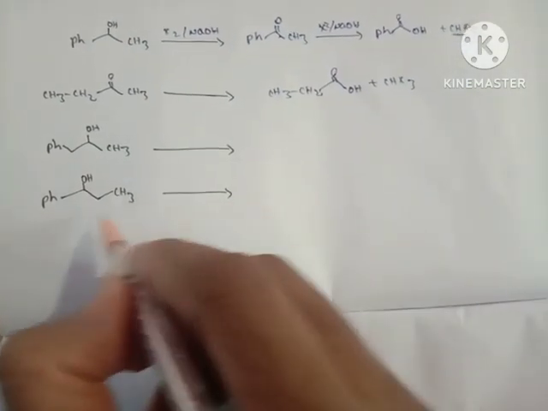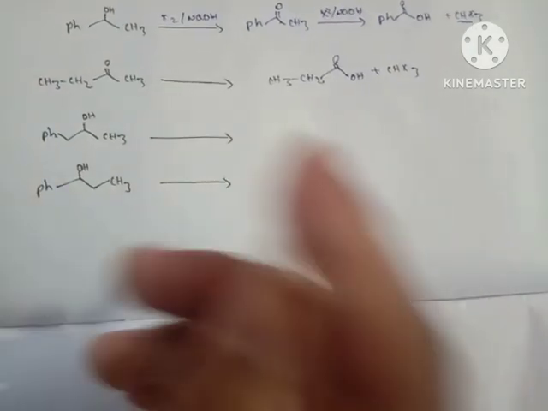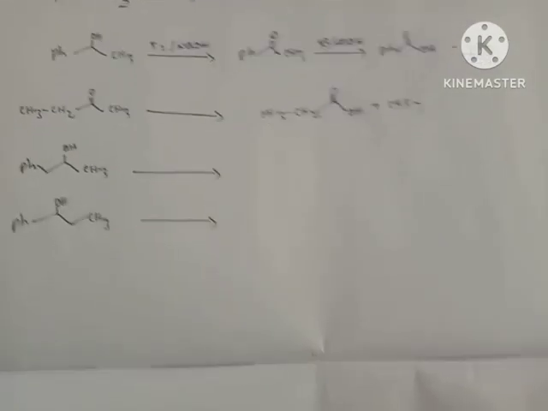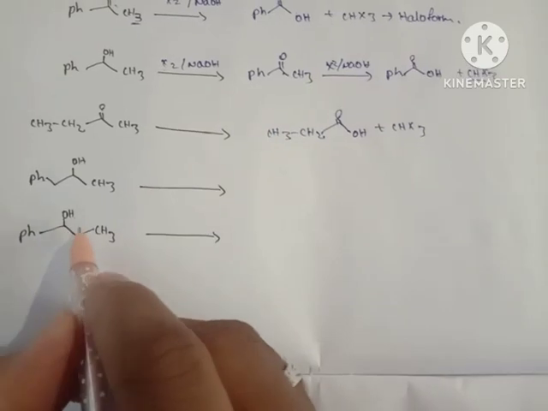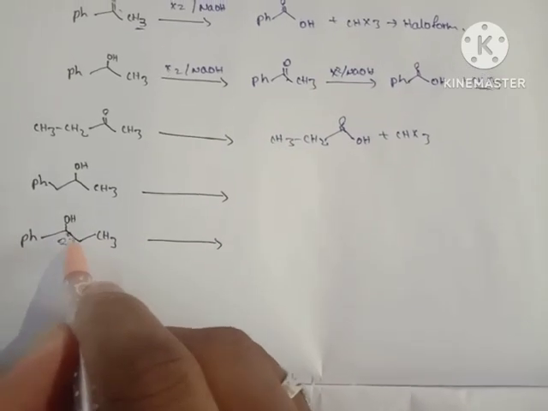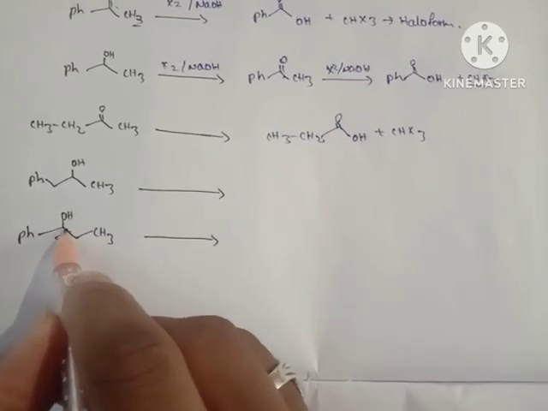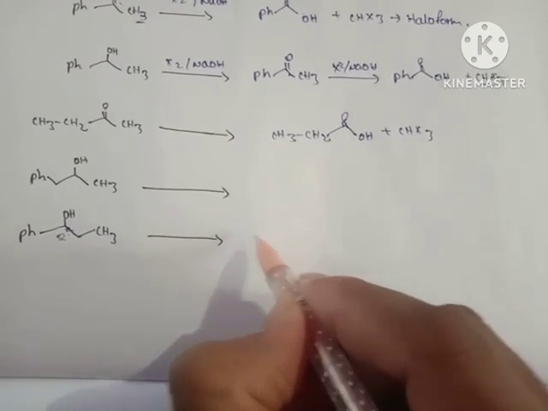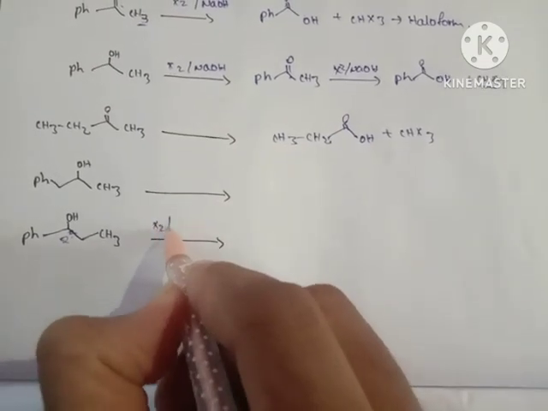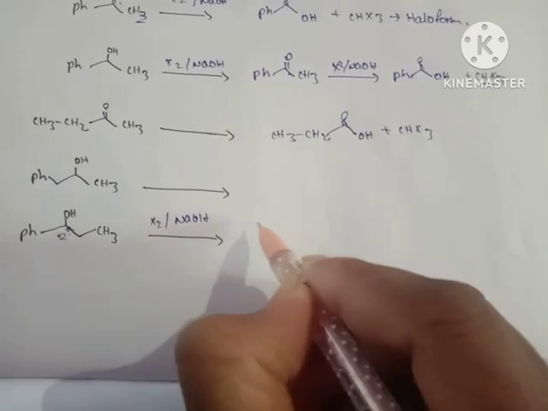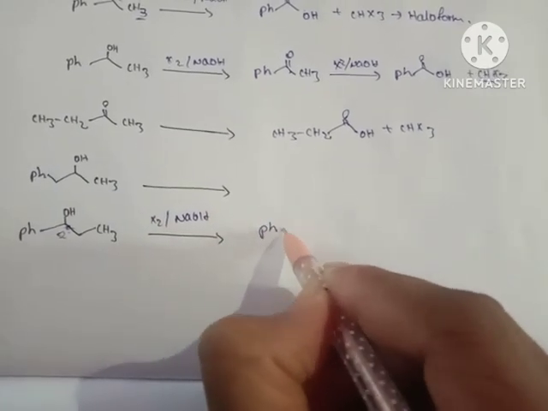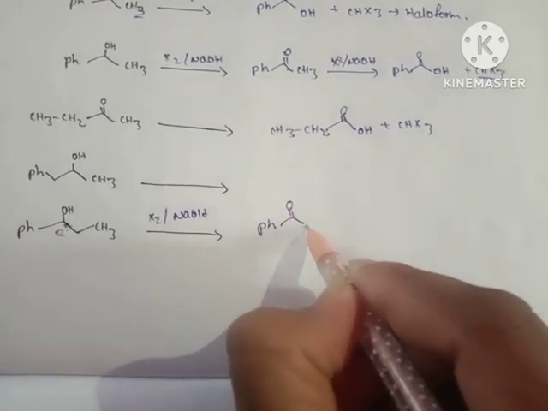And now in this case, the secondary alcohols are there. First of all, oxidation: the hydroxyl group is converted into a ketone group.